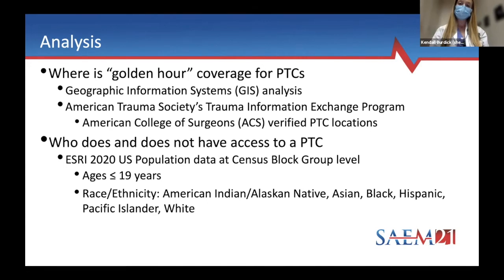We then did a demographic analysis of who does and does not have access to a pediatric trauma center. For that, we again used ArcGIS by Esri, the 2020 US population data estimates at the block group level. We used ages 19 years and younger, and the race and ethnicity groups listed here, which are correlated with the census groups.